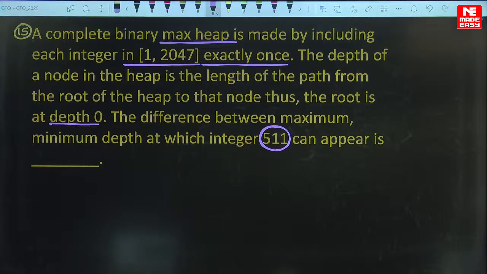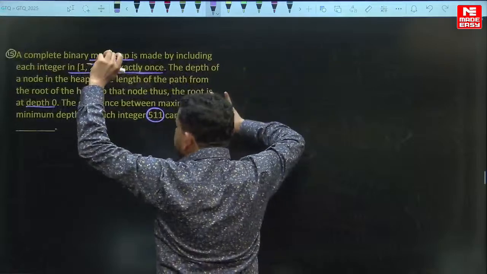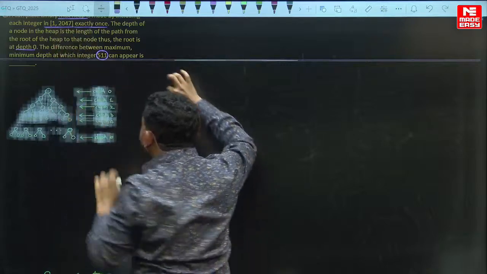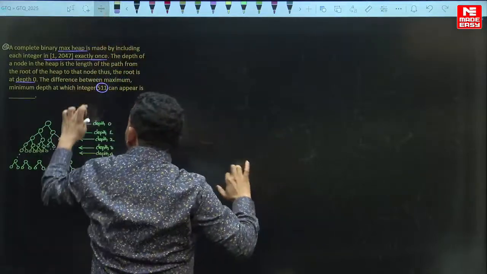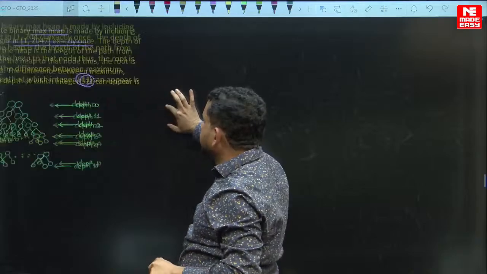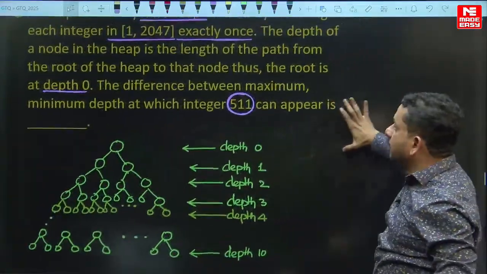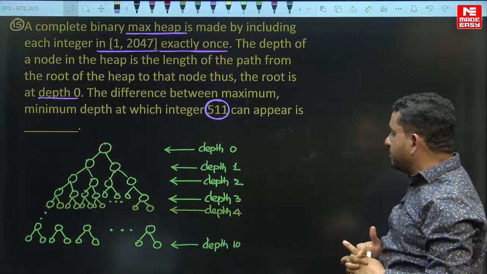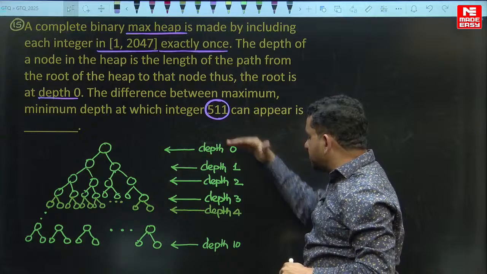The element 511 can be at minimum what depth and maximum what depth? The difference. Total 2047 nodes means height 10, so depth 0 to 10.